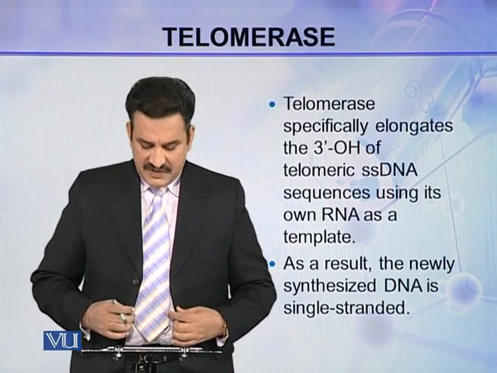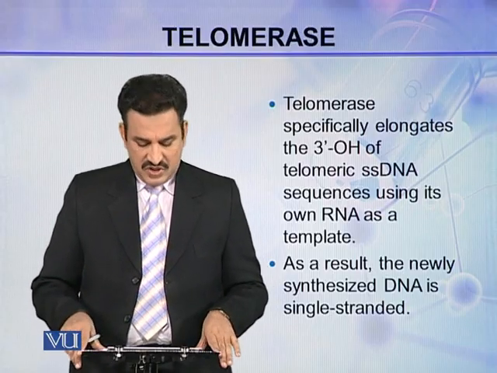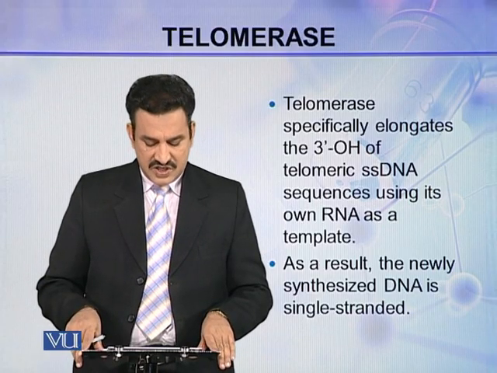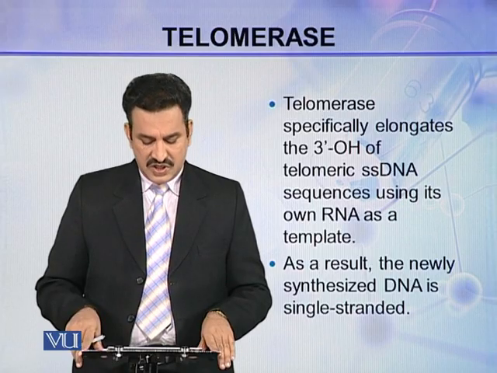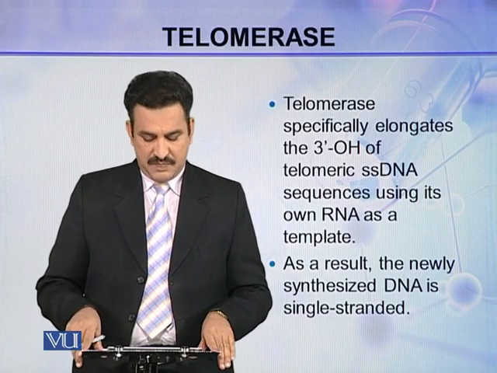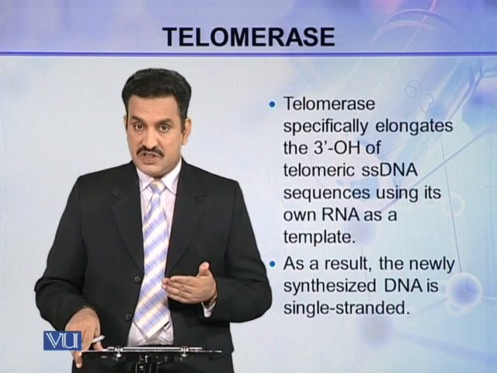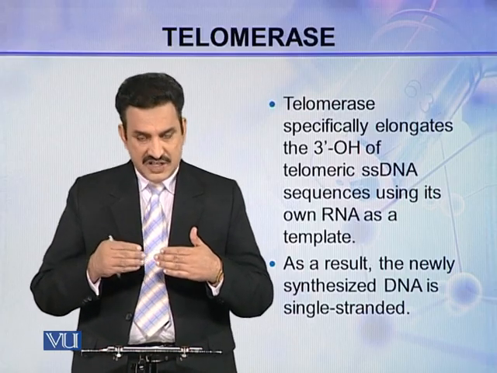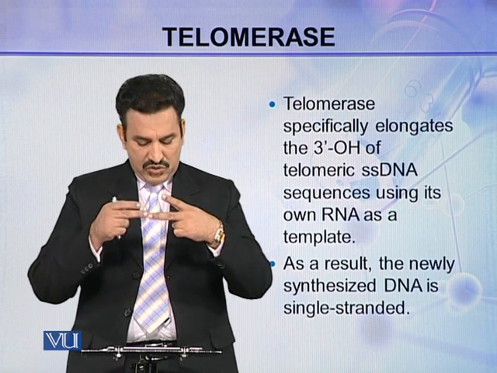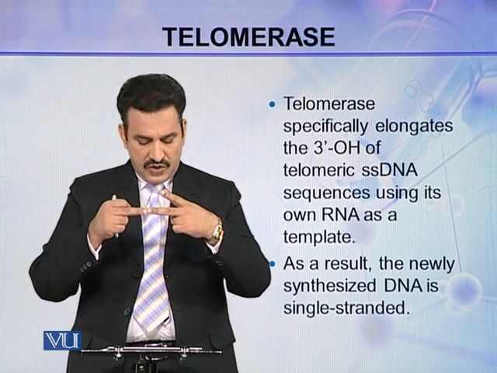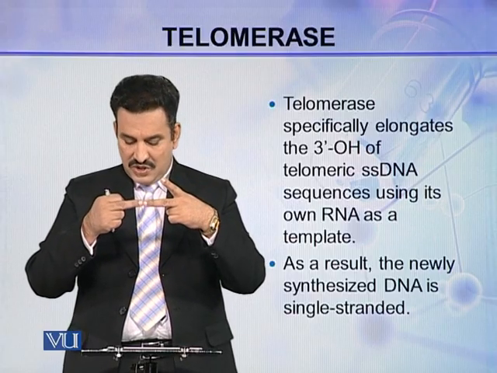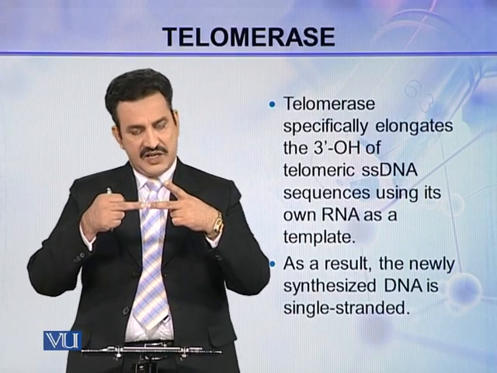Telomerase specifically elongates the 3' OH of the telomeric single-stranded DNA sequences using its own RNA as a template. So what does telomerase do? It elongates the 3' OH of the single-stranded or lagging strand using its own RNA as a template.